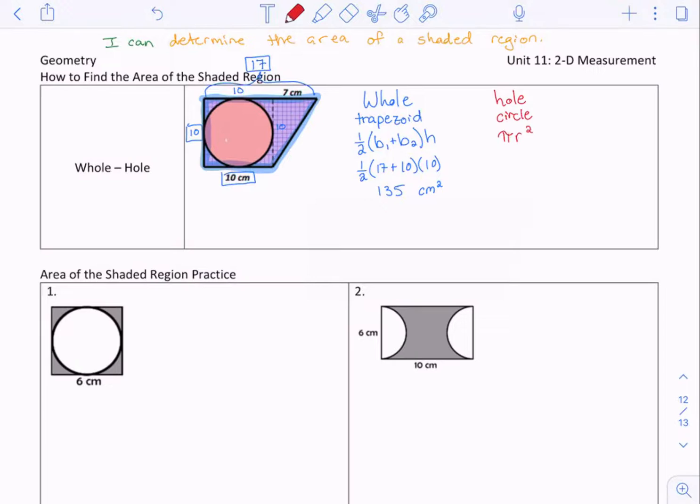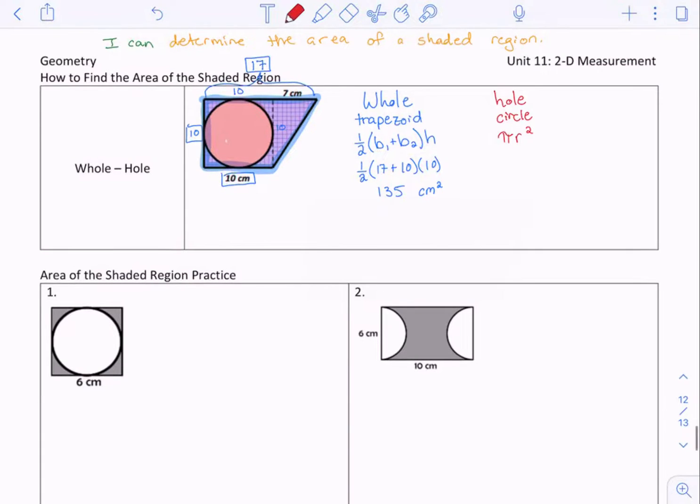Now pi r squared. Yep. And here, if I think about this whole distance is 10, so a radius would be 5. So we have pi r squared. So this is 25 pi centimeters squared.